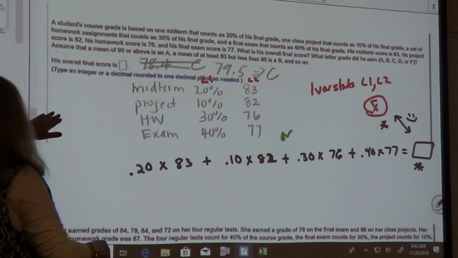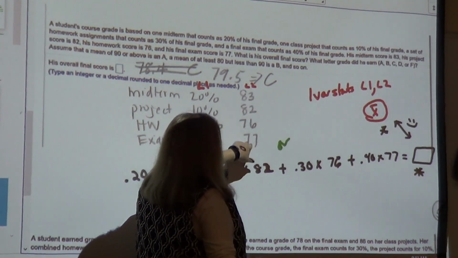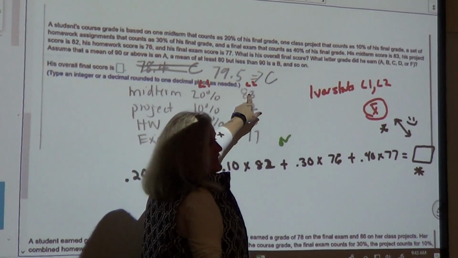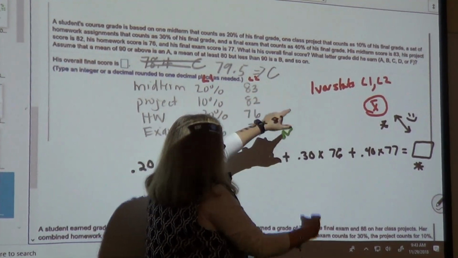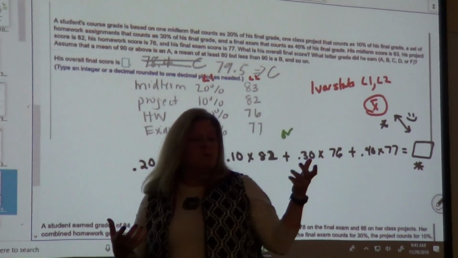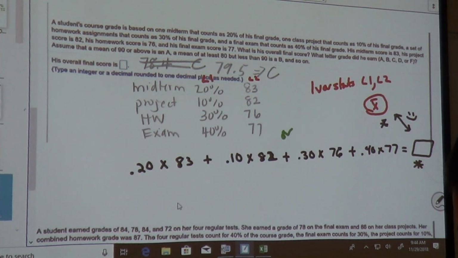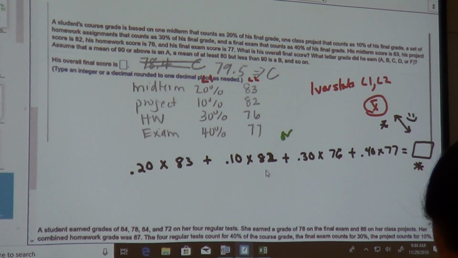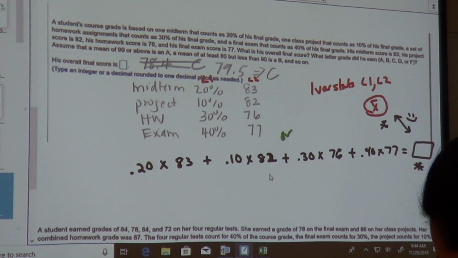So if I list these in L1 and these in L2 and do 1 var stats, making sure that I do L1 comma L2 and look for the X bar, which is the average of both of those. That's one way to do it. Or I can say 20% times the grade plus 10% times the grade. Either way you want to do it, they're going to give you the same answer. Do I need to work that one out?